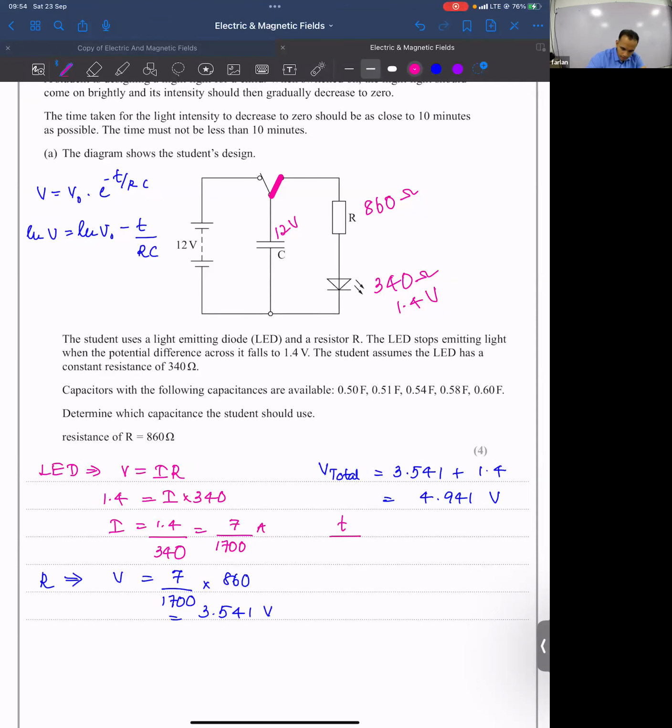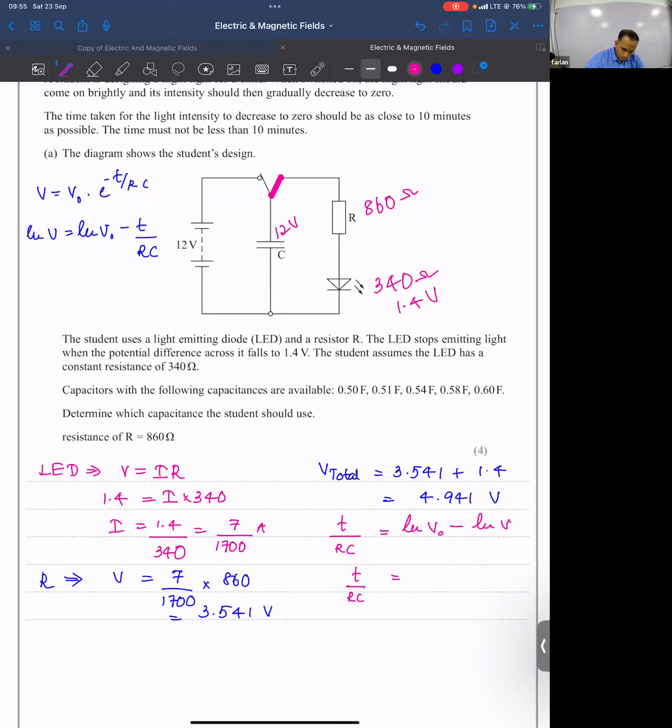T over RC equals ln V naught minus ln V. ln V naught is ln 12 minus ln V, which is now ln 4.941.